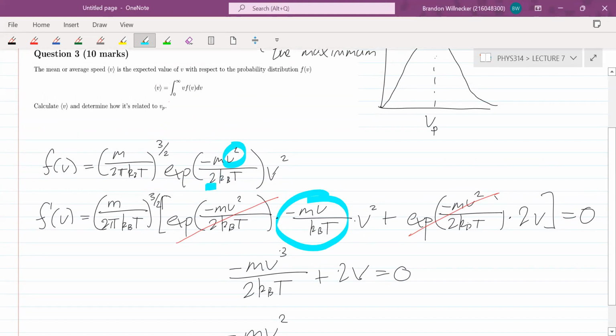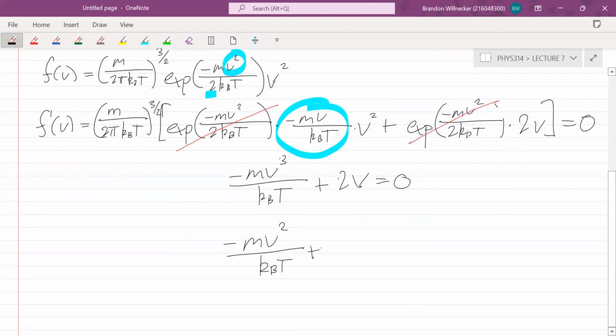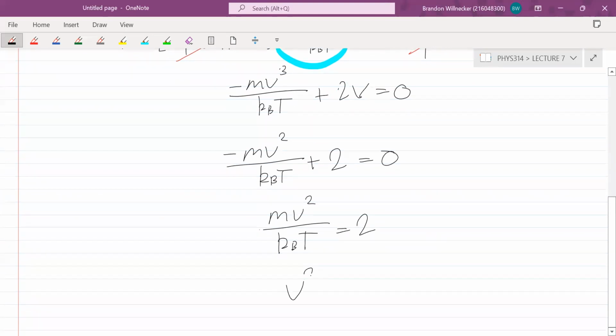That cancels with this 2 at the bottom. So that goes away there. Okay, plus 2 is equal to 0. So we're going to have mv squared over kbt is equal to 2. V squared is equal to 2 kbt over m.